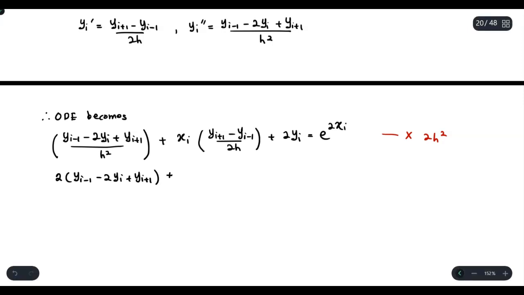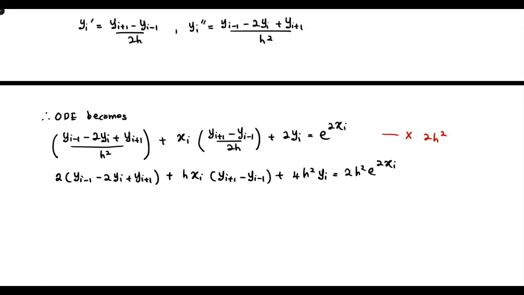Plus in the middle, x remains, but h squared and h you can simplify, and the 2 and 2 can also be simplified. So you only have h x_i here, and this is y_(i+1) minus y_(i-1). And then you have 4h squared y_i equals 2h squared e to the power of 2x_i.